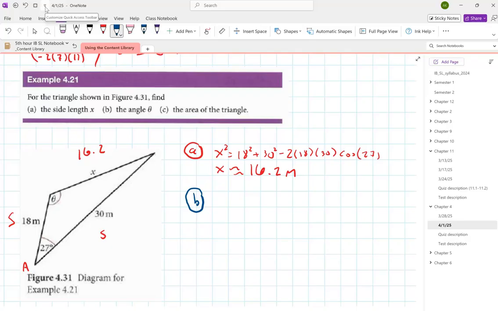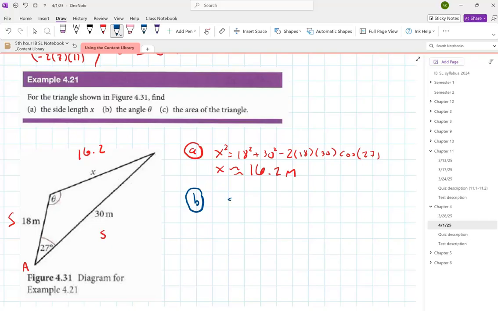So what I would do is probably just use the law of sines because it's a little bit easier to get the angle by itself than the law of cosines.